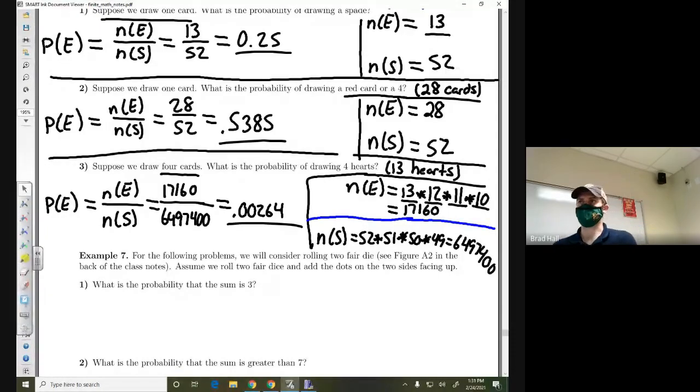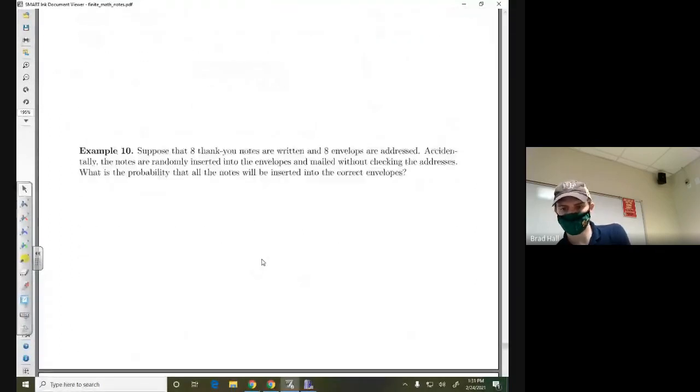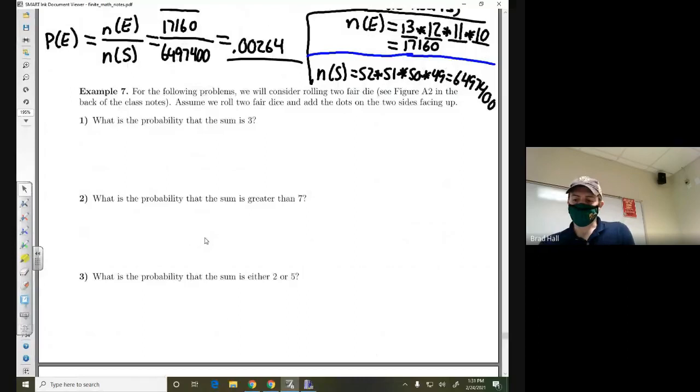Does anyone have any questions about that? So what I want to do now, I figured I can start up on example 7 next week. And I wanted to spend the remainder of class time asking if anyone had any questions from the counting section, from the homework.